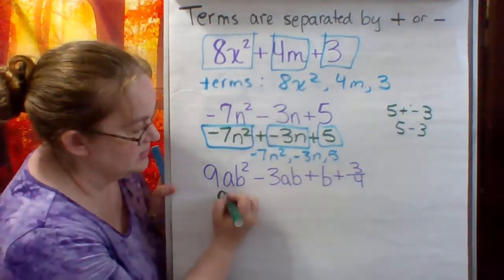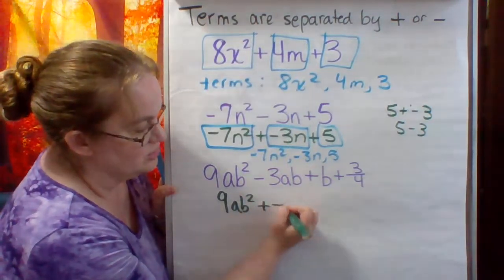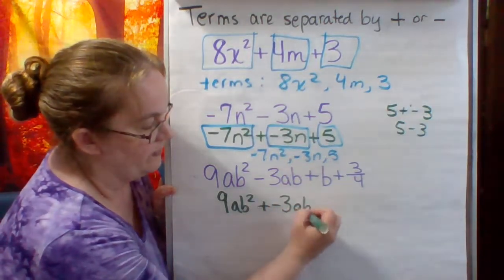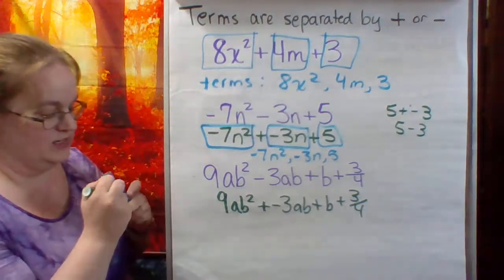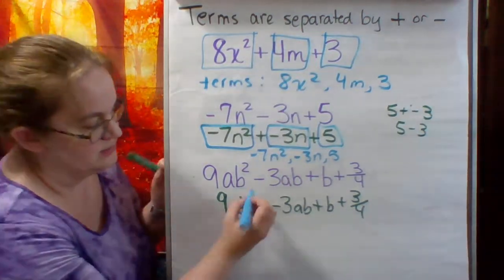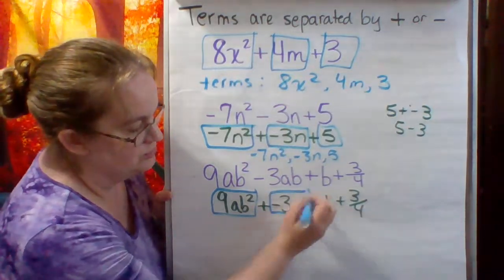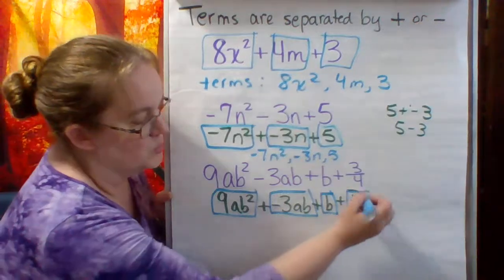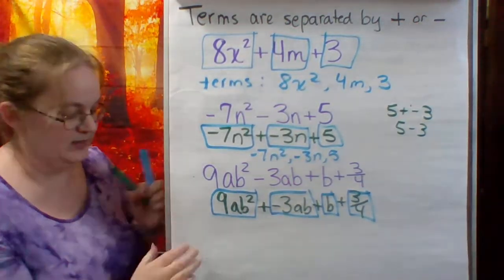So it allows us to combine things even when they're not right next to each other. So that minus sign becomes plus a negative. And from there, I can again identify my terms. I'm going to have 1, 2, notice that negative is with there, 3, 4. So all these are like terms, okay?